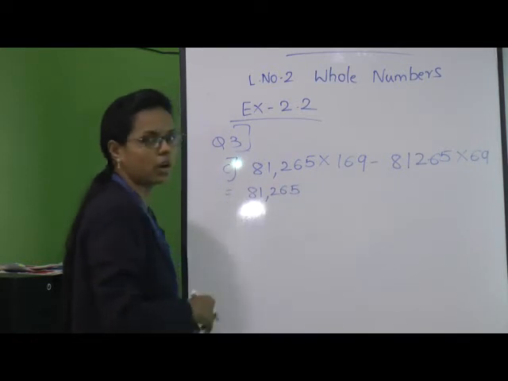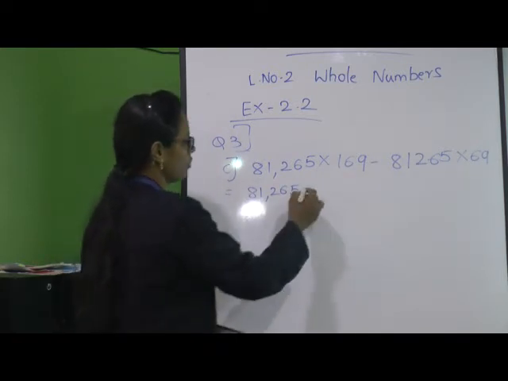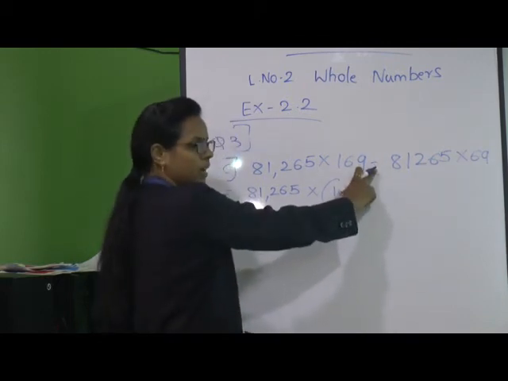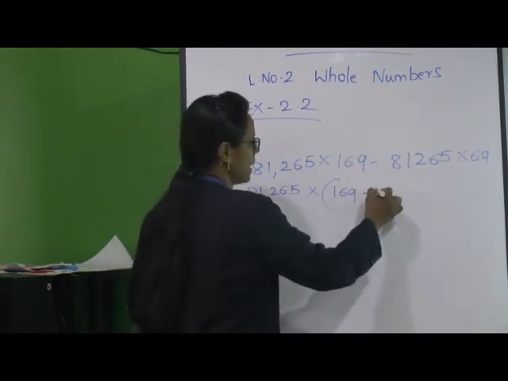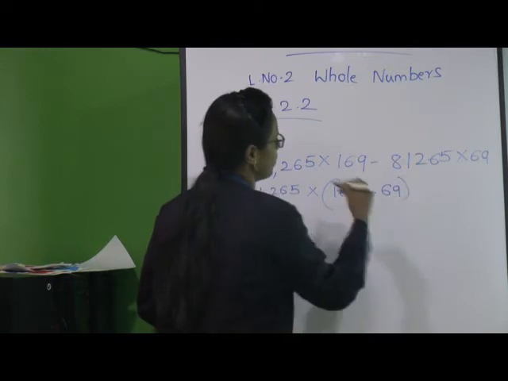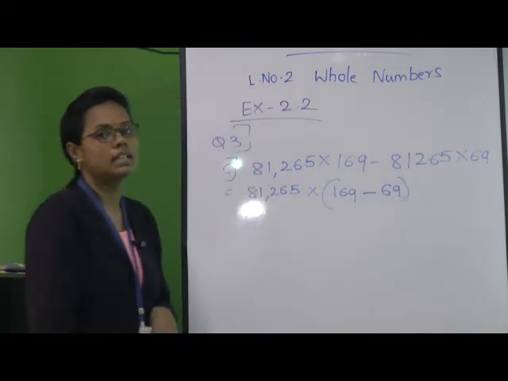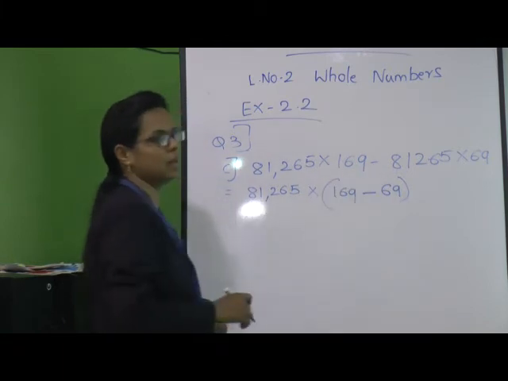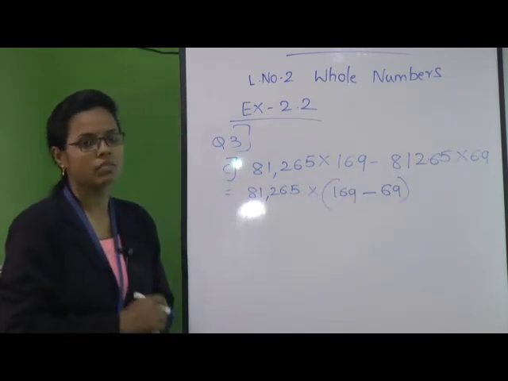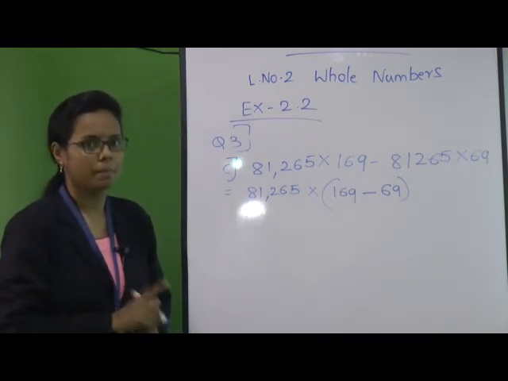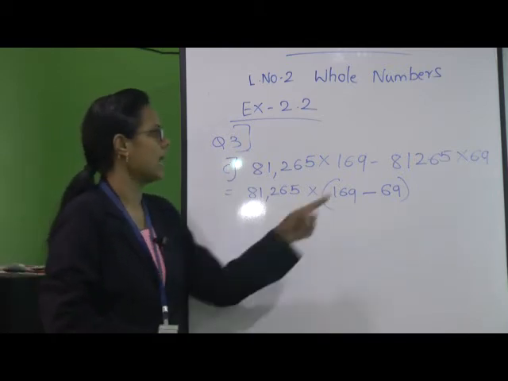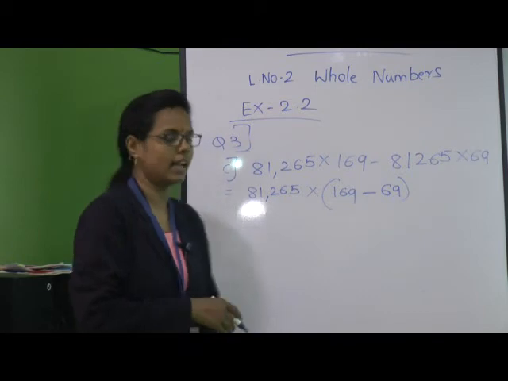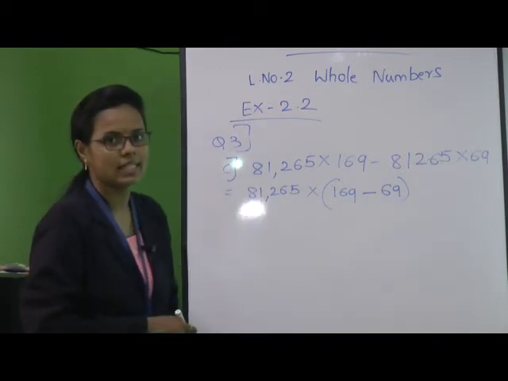Okay. Now in the bracket what will we take? 169. What is the symbol given in the middle here? Minus. So we will take minus 69. So it's very important to see what is the symbol given in the middle. In the previous examples we were having addition, plus, we took plus, and in this example we have minus. So we are subtracting 69 from 169.